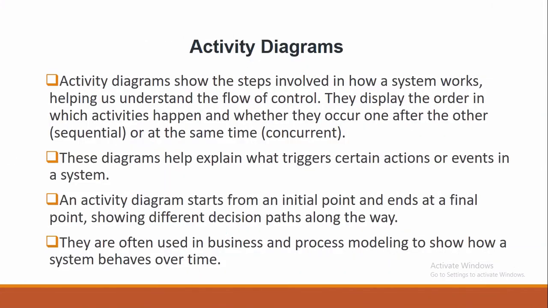Okay, next we have activity diagrams. An activity diagram represents the workflow of the system. It shows the steps involved in your system, helping us understand the flow of control, and displays the order in which activities happen and whether they occur one after another, sequentially, or concurrently.